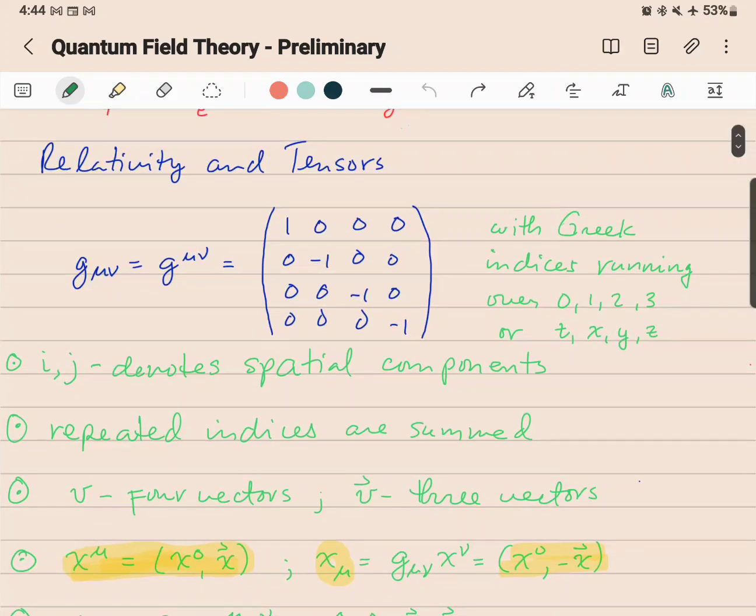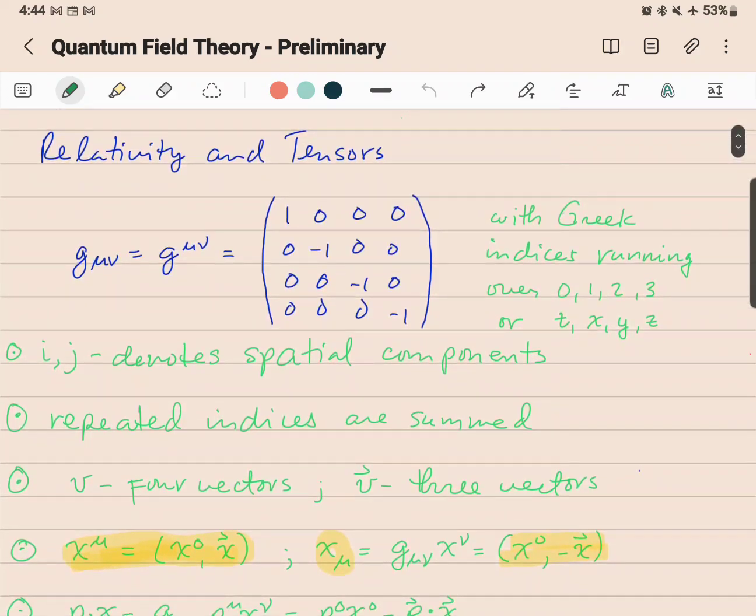So part of the convention would be that we will be using the metric most of the time, but of course you will get used to it later on. So here's the metric called the Minkowski metric, which is the simplest of all metrics, where the components are only non-zero in the diagonal.